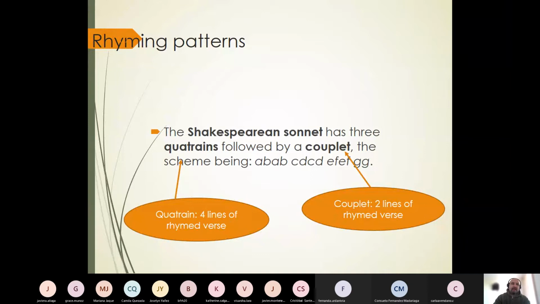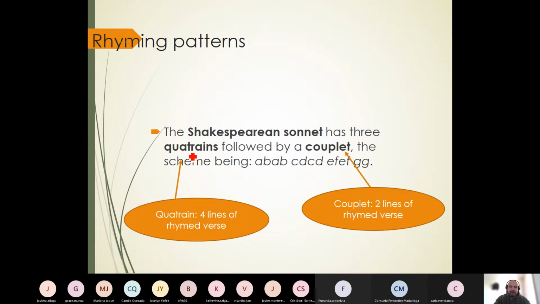Now, going beyond the lines, right? Remember that Shakespearean sonnets have 14 lines, okay? And most of them also have a specific structure: 3 quatrains followed by a couplet.